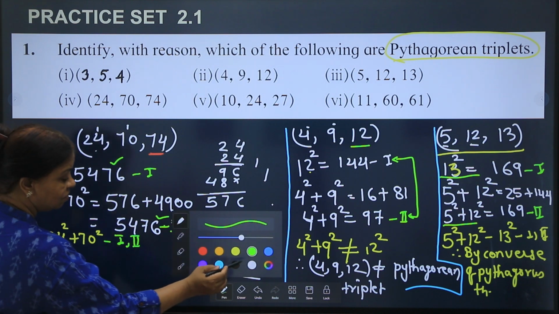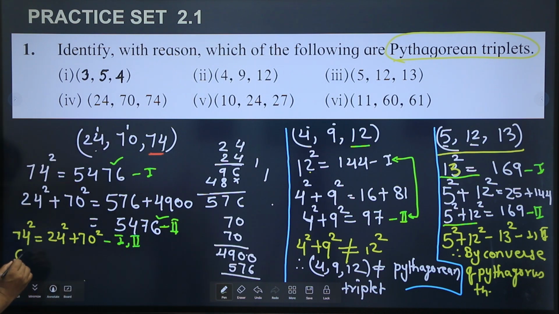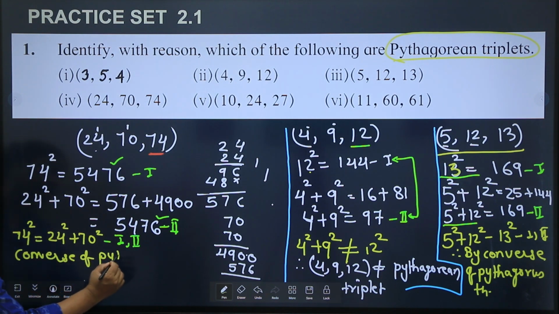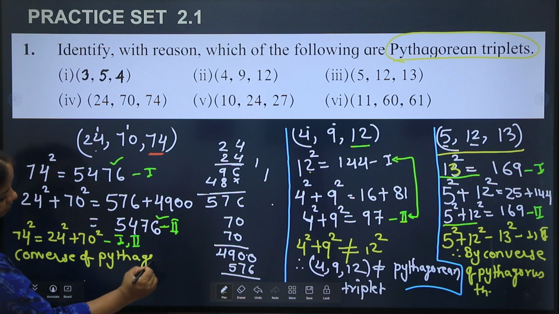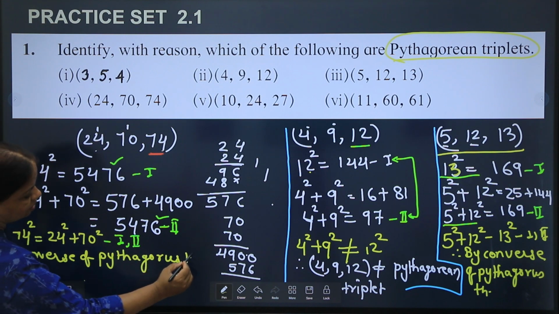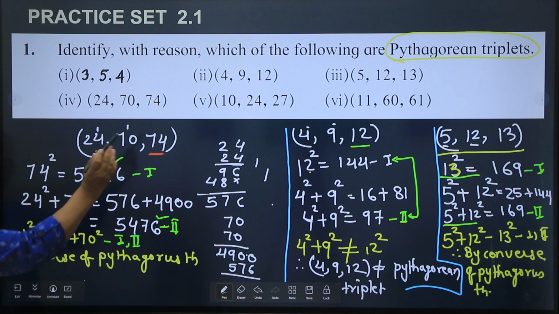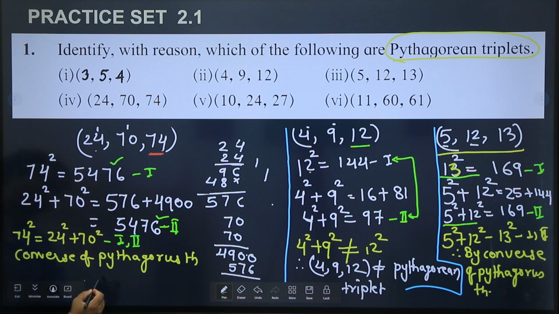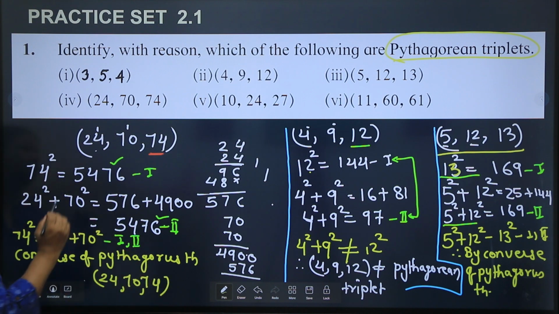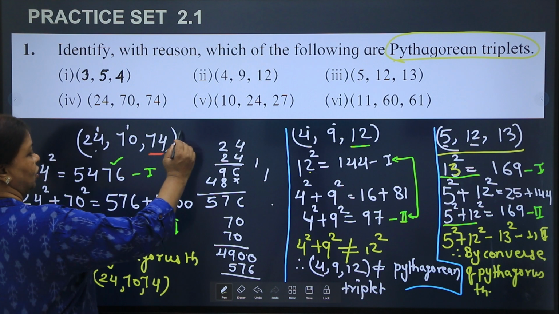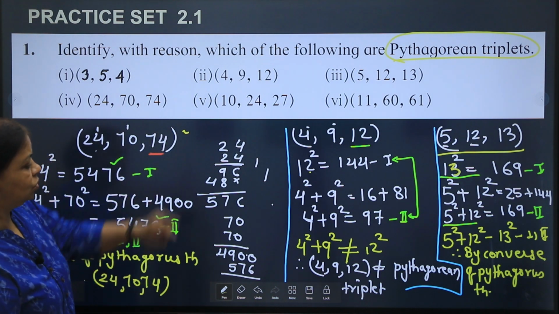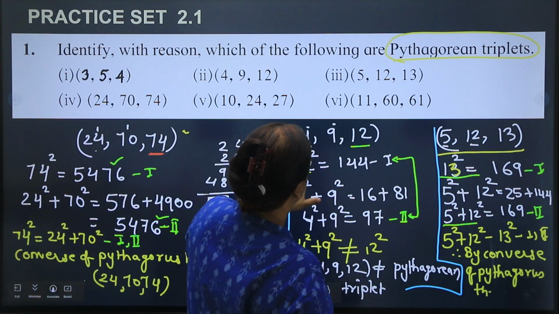So by converse of Pythagoras theorem, 24, 70 and 74 is a Pythagorean triplet. Fourth sum is done. Now let's go to the fifth question, children.